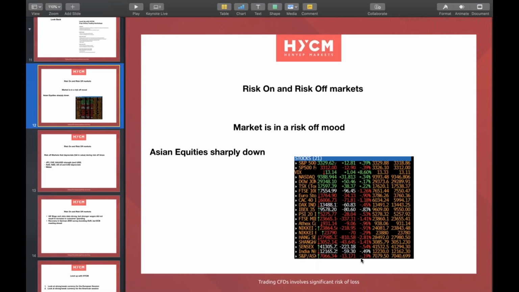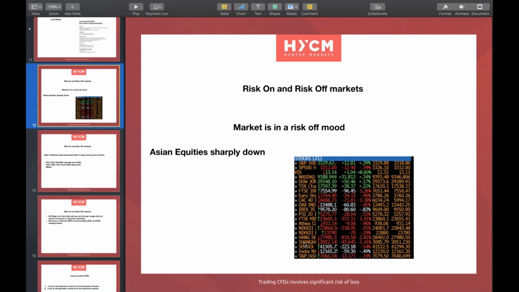You also had minus 0.19% on the S&P ASX200, which is the Australian index. So the Asian indices are all in the red, okay? Now, one little tip here: when equity markets are a percentage point up or down, that's when you want to pay attention, okay?